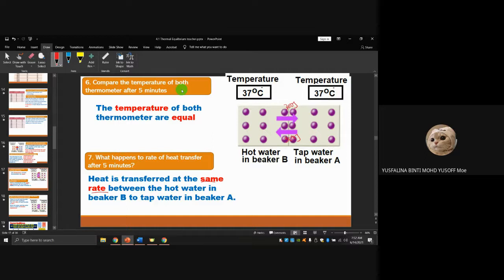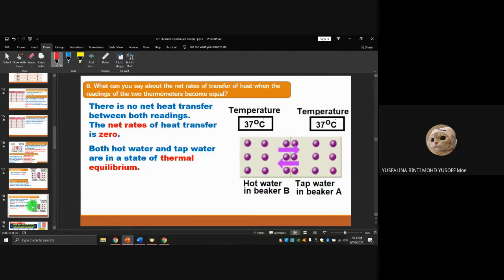It keeps being like that until both transfer the same amount of energy between the two types of water. So heat transfers at the same rate between the hot water in beaker B and tap water in beaker A.